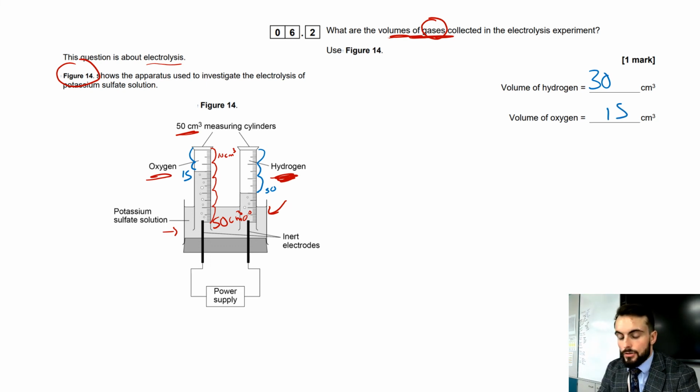It's pretty easy. It's just general measuring, using your ability to read measuring apparatus, but understanding that because you're producing gas and it's upside down, you've got to read it from the top. If you find it difficult to do it upside down, just turn your paper upside down. Makes it easy for you.